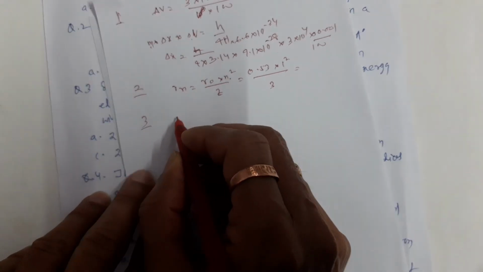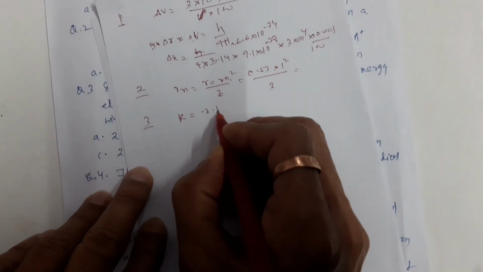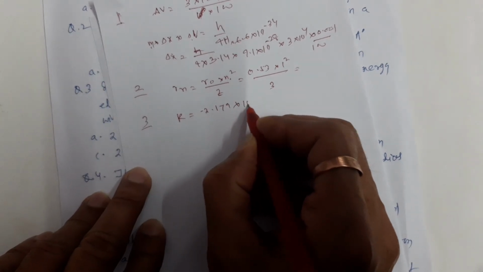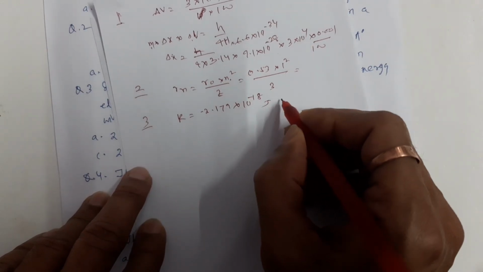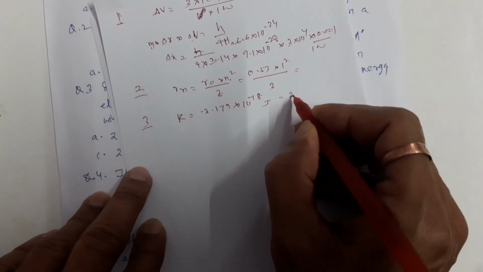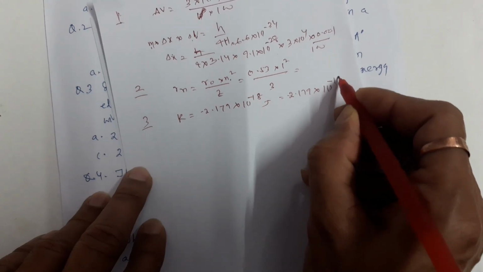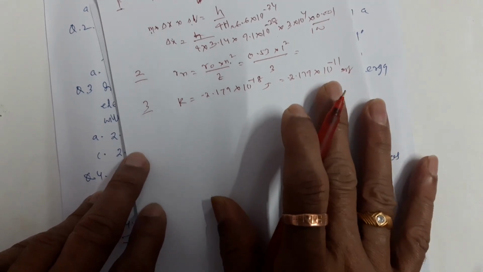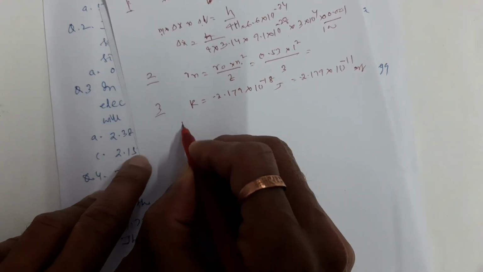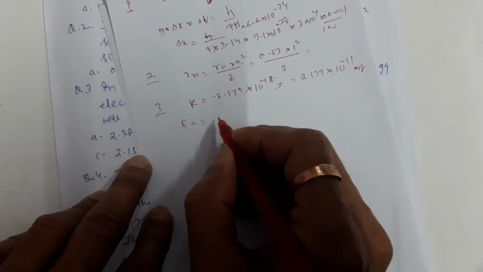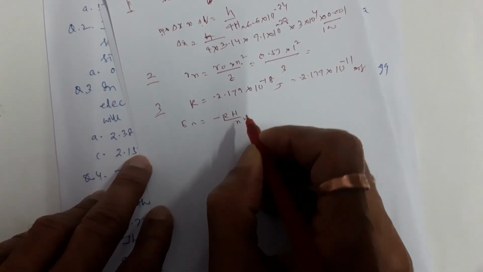We know the Rydberg constant value: minus 2.179 multiplied by 10 to the power minus 18 joule, or in erg it is minus 2.179 multiplied by 10 to the minus 11 erg. Okay, so En, the energy, is minus RH by n square.